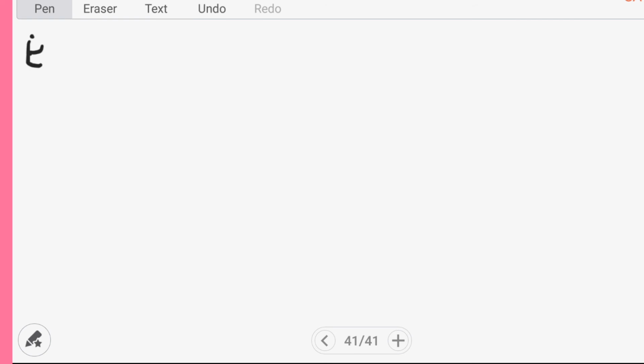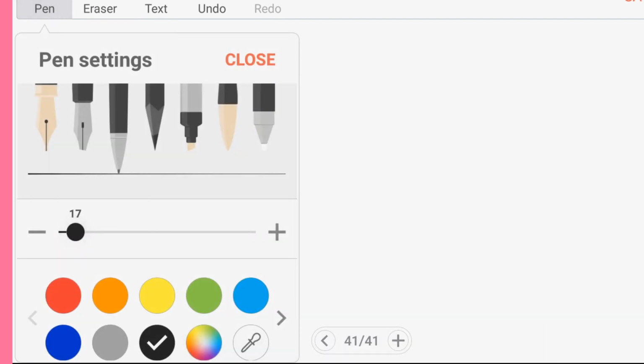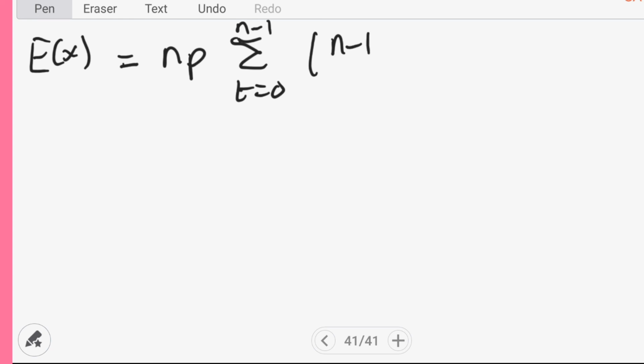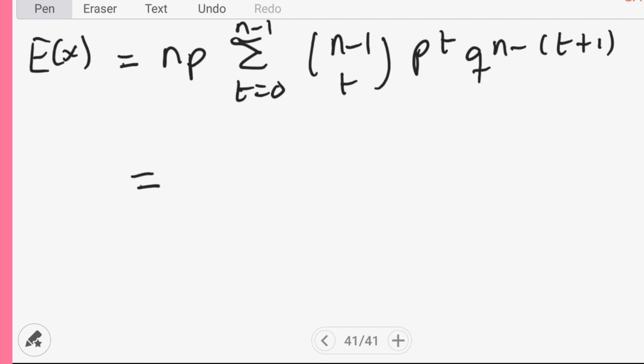So it means that now the expected value of x can be written as np, summing on t from 0 to n minus 1, n minus 1 combination t, p to the power t, q to the power n minus t plus 1, which can be written as, our p is our a, so p plus q now to the power n, where n is n minus 1.